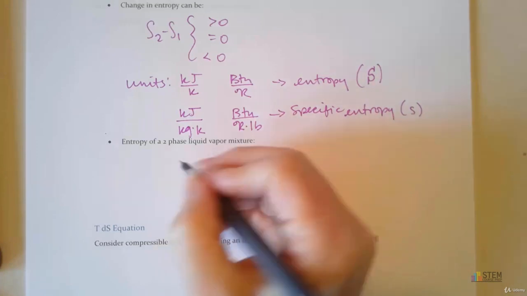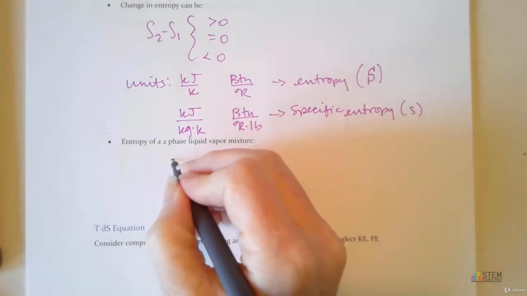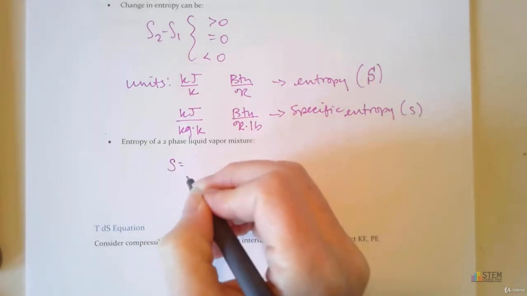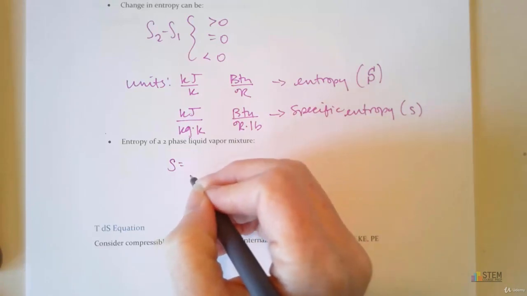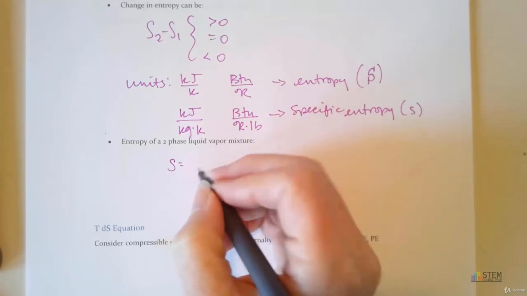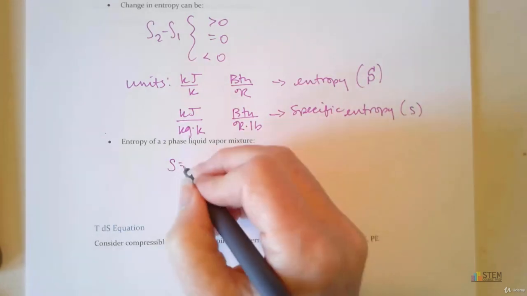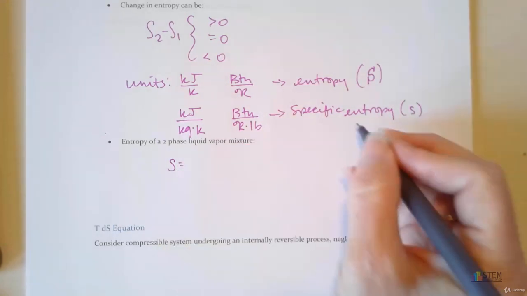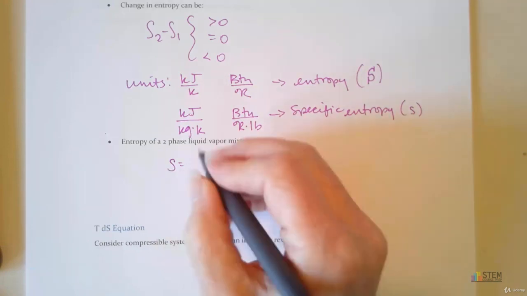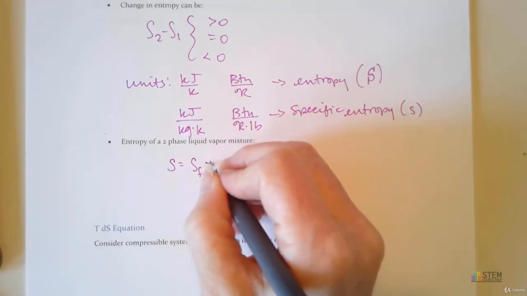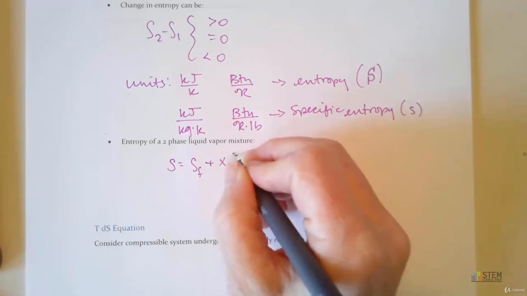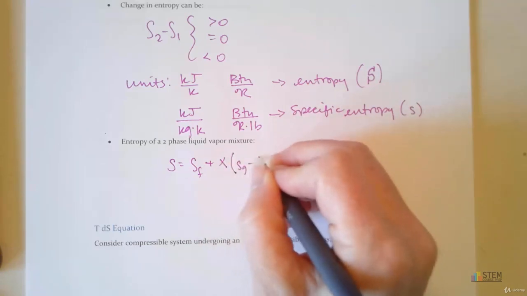Now, that being said, it's got an equation that uses quality, just like enthalpy or specific volume or internal energy. And this is going to be for when we have that two-phase liquid-vapor mixture. So your specific entropy is going to be s equals s_f plus x, which is our quality, times s_g minus s_f.